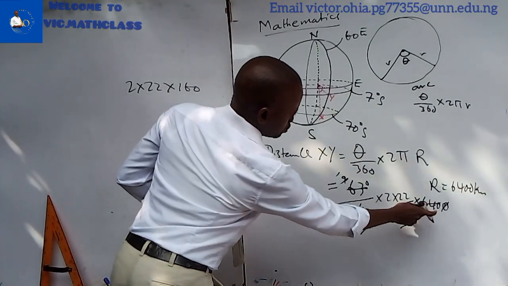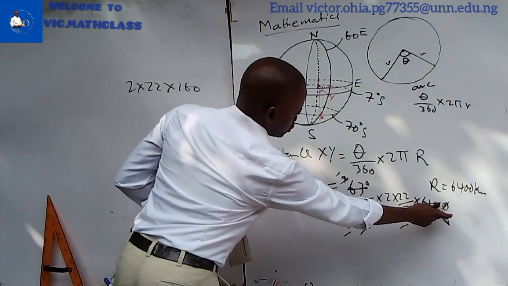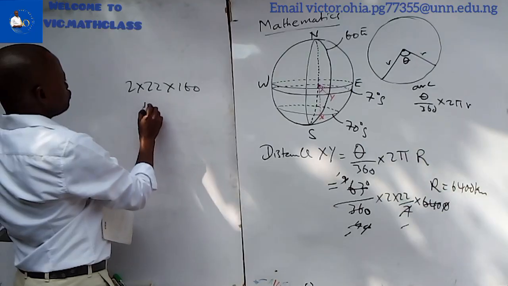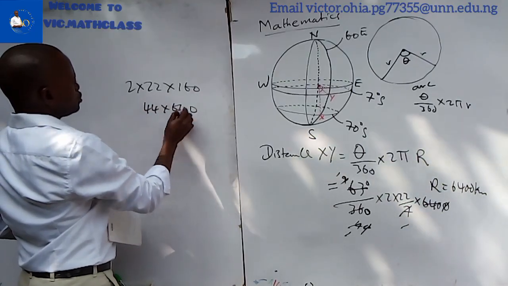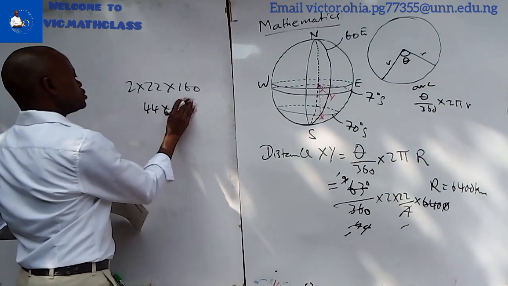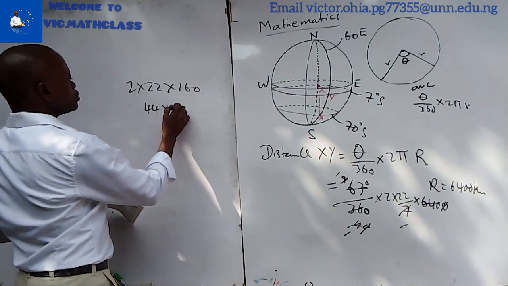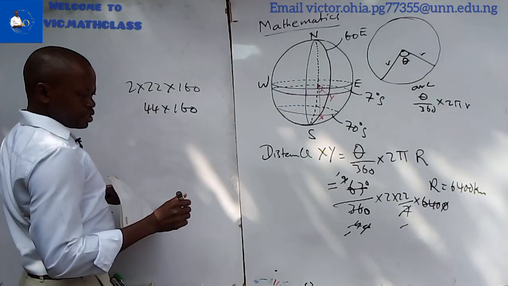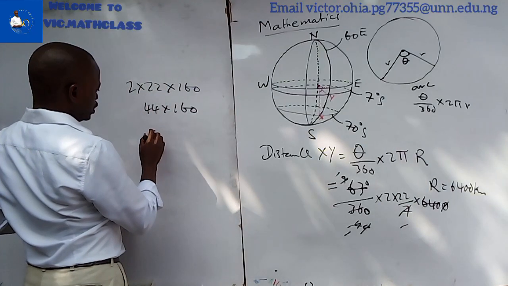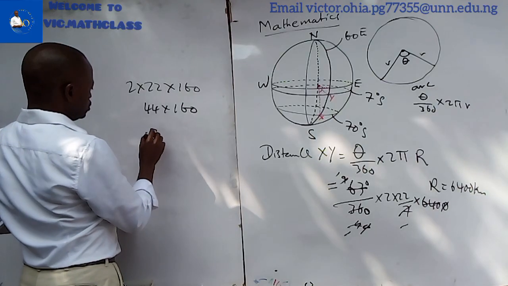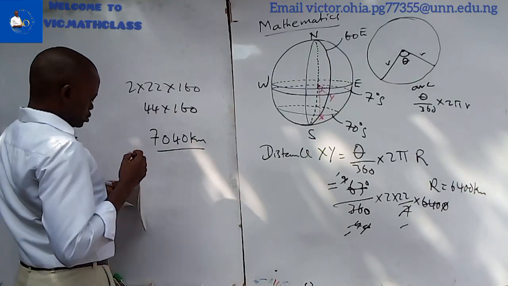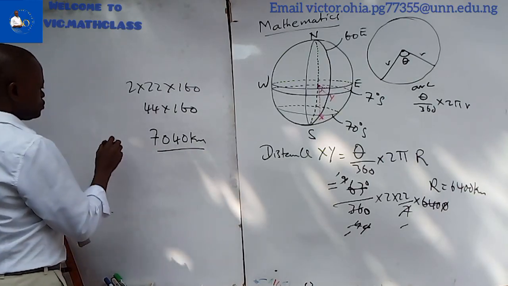When you remove this 0 and this 0, 4 divided into 640 gives you 160. So we have 44 times 160. I've done that reduction there. By my calculation, that is going to give us 7,040 kilometers. This is what the distance XY will give us.